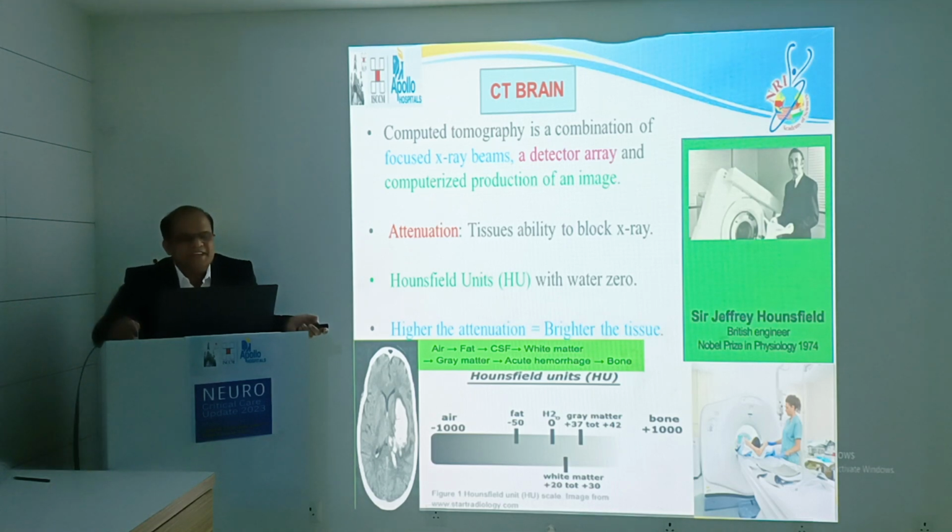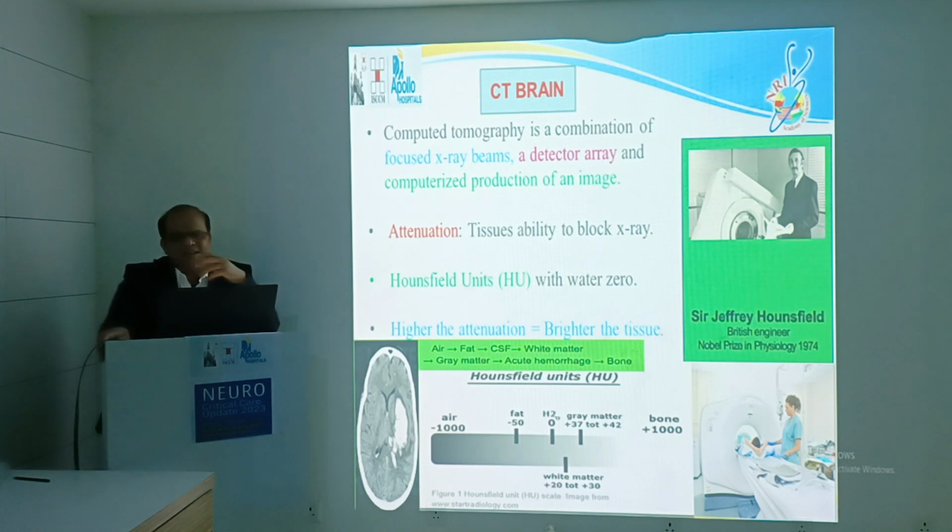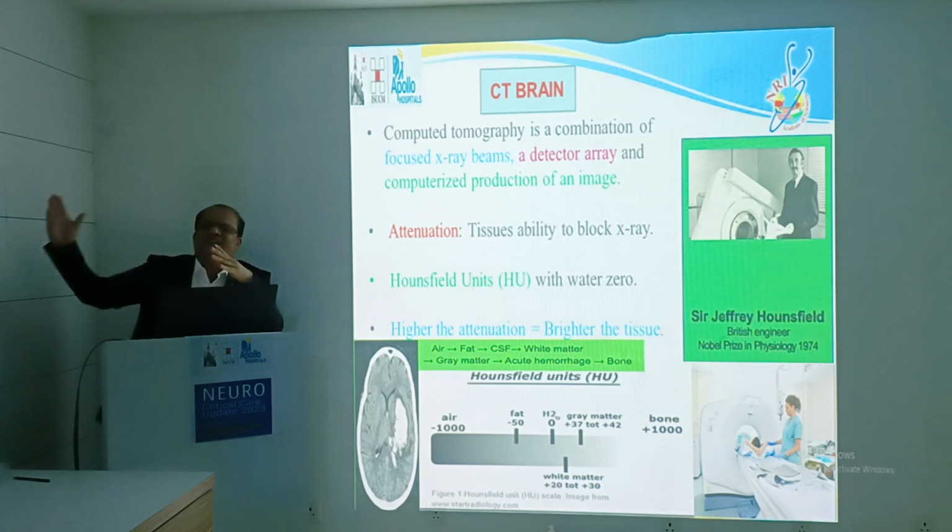So what about the CT brain? Computed tomography is nothing but a combination of focused X-ray beams, a directed detector array, and computerized production of the image. What exactly is attenuation? Attenuation is what happens when X-rays pass through tissues. The tissue which attenuates the most appears the brightest.